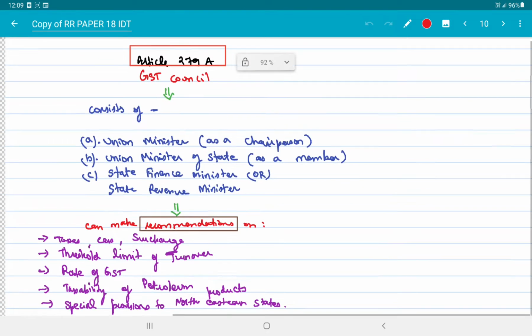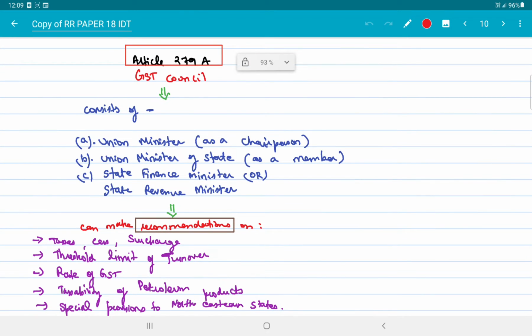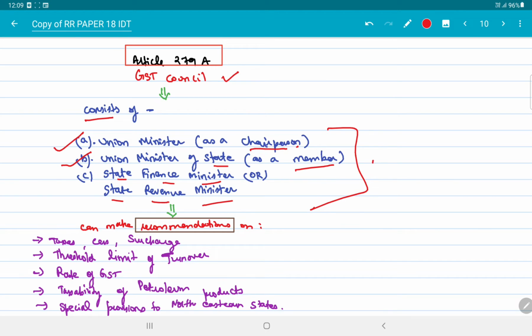GST Council, you should know, Article 279A, which talks about the GST Council, consists of the Union Minister as chairperson, the Union Minister of State as a member, and the State Finance Minister or State Revenue Minister as members of the council.